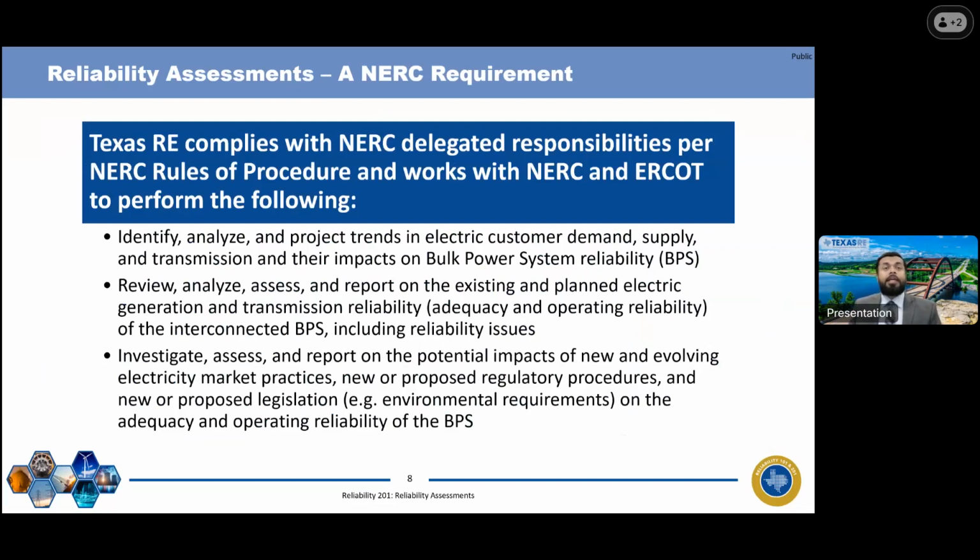Second, review, analyze, assess, and report on the existing and planned electric generation and transmission reliability of the bulk power system, including the reliability issues. Third, investigate, assess, and report on the potential impacts of new and evolving electricity market practices, new or proposed regulatory procedures, and legislation.